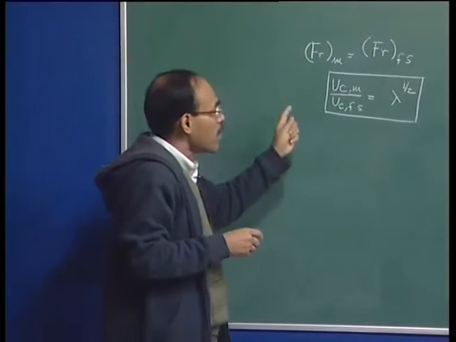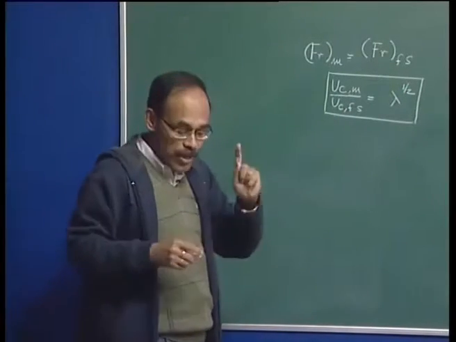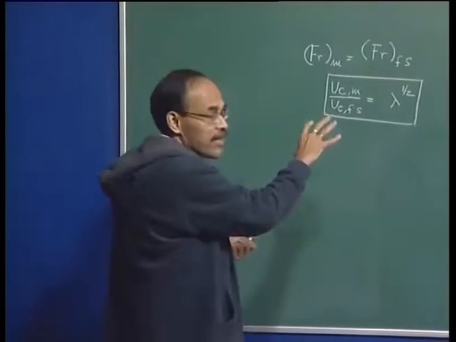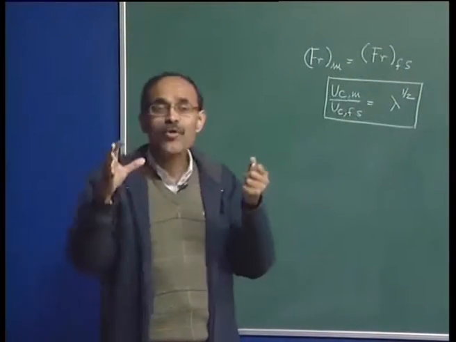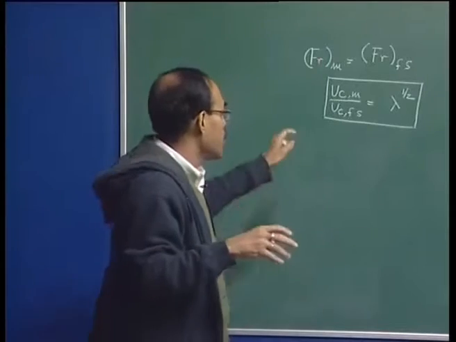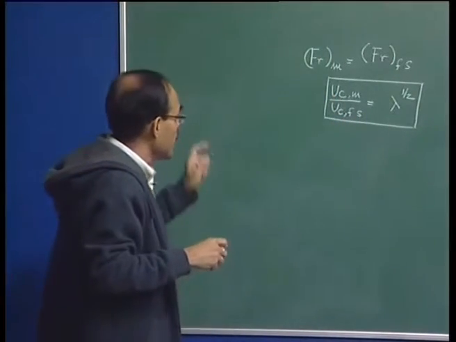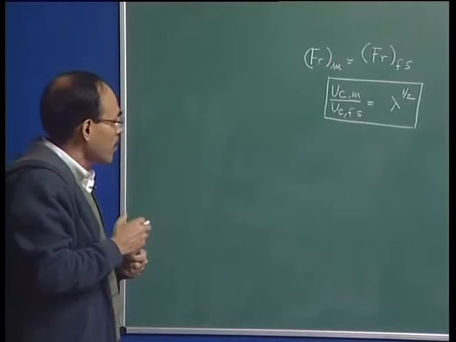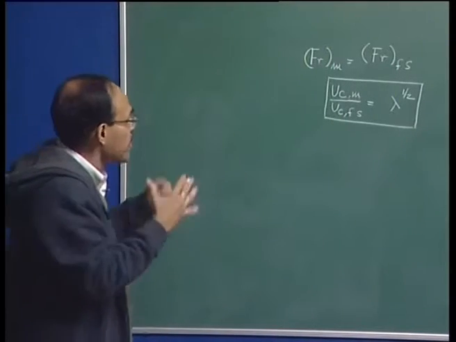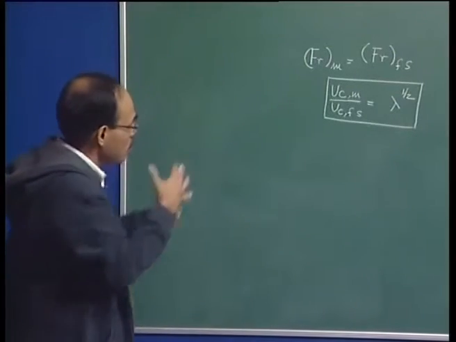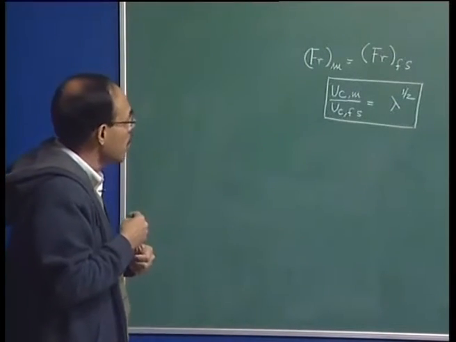But before we do that, I am going to say a few words about kinematic similarity. Dynamic similarity between model and full scale is going to be maintained when the systems are Froude dominated with this particular criteria. So, geometrical and dynamic similarity criteria can be derived very easily on the basis of the analysis I have just presented.